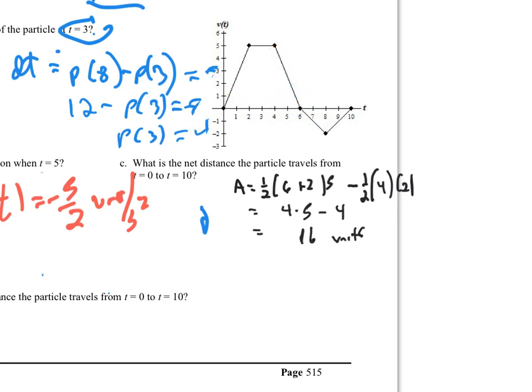When you want total distance, the beauty of this is that you're absolute valuing the whole function. When you take an absolute value of a positive function, which is this piece up here, it stays positive. But when you take the absolute value of a negative function, it pops it up as up here, so it becomes positive.